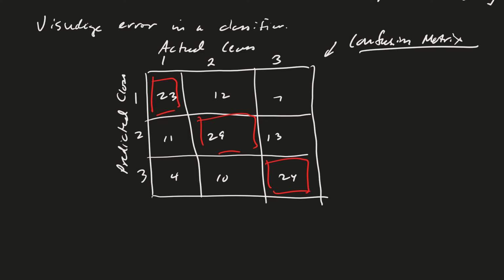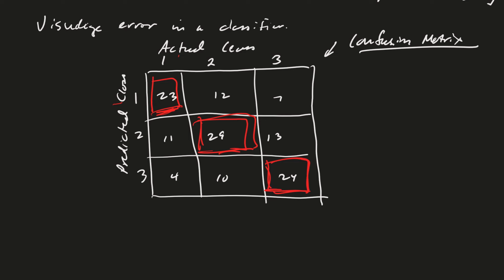And so there were 23 total instances where we had predicted class 1 and the actual class was class 1. Or another way to say that is we classified the picture as a dog when the actual thing was a dog. Okay, and so it's these diagonal values that are the accuracy, right?